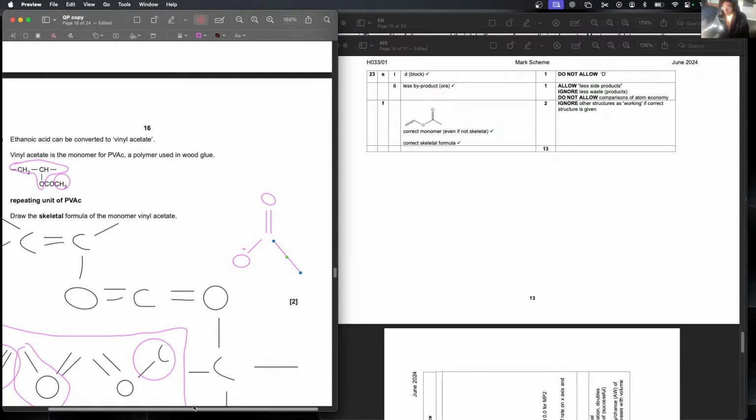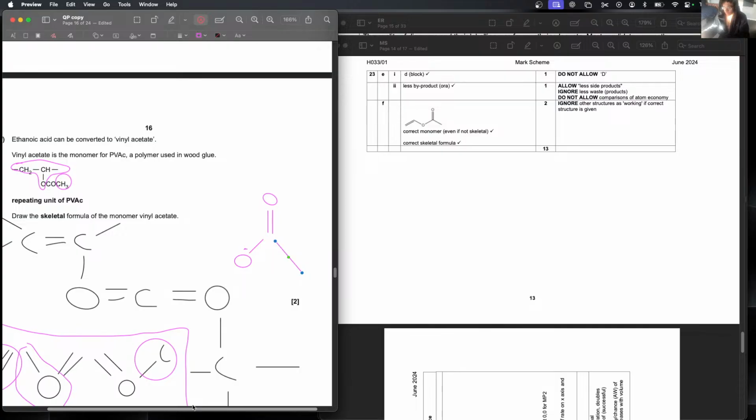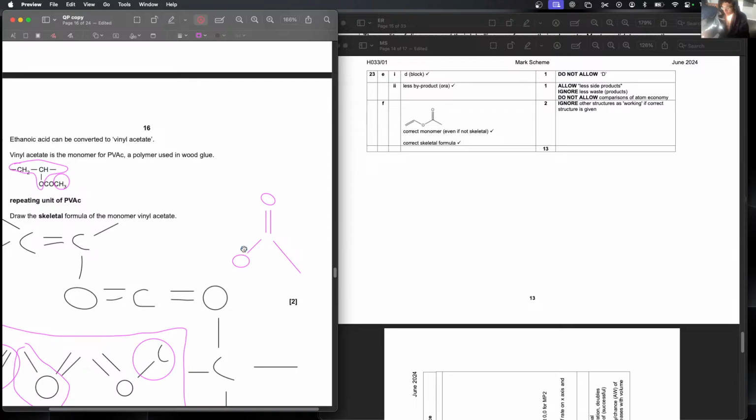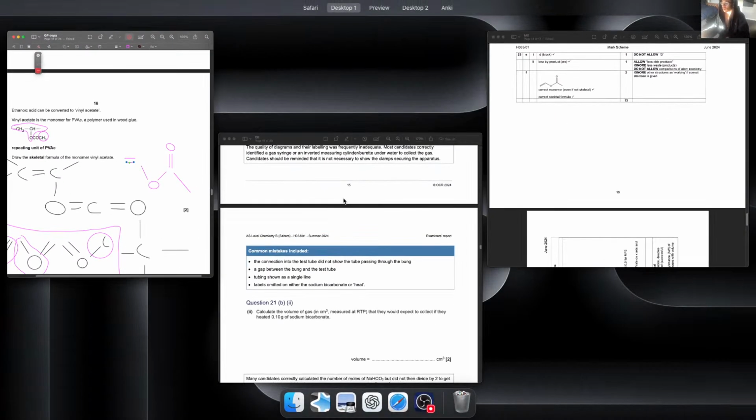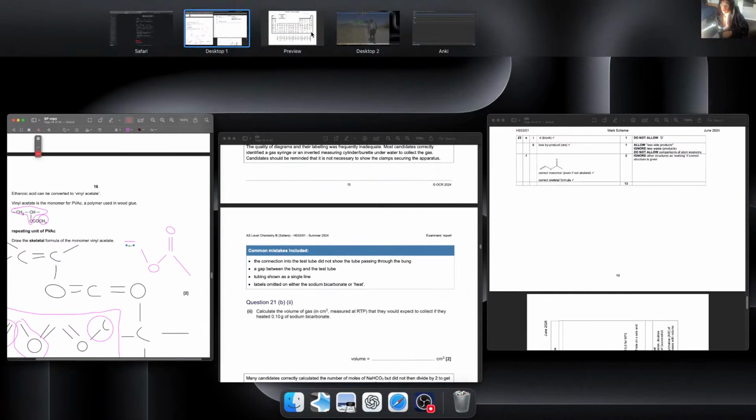And then I would know this O minus then bonds to that, which is double bonded to that. Double bond to nothing, to the single bond to the single one. Bro, that's actually easy, bro. If I actually knew that.